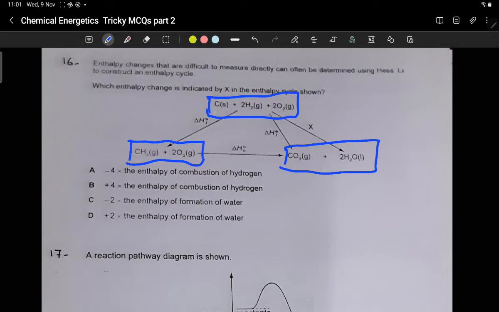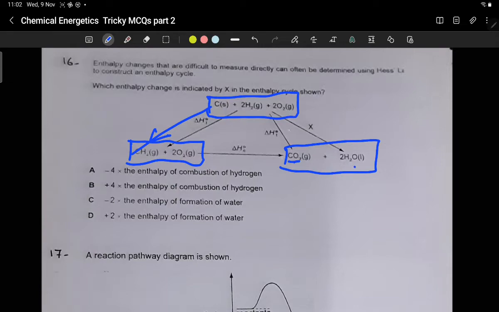Like delta HF of hydrogen, this is delta HF of carbon, this is delta HF of carbon dioxide, and this is delta HC, delta H of water.